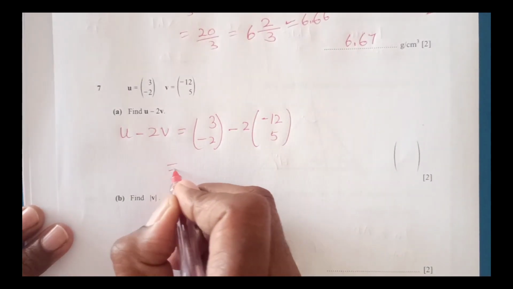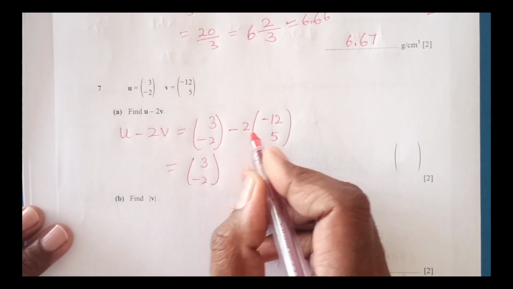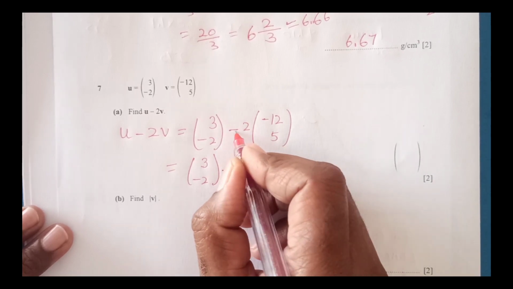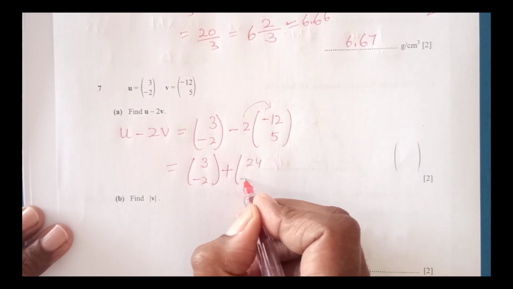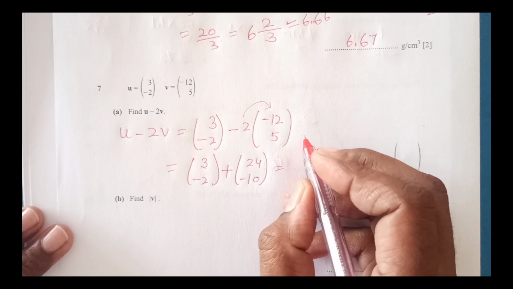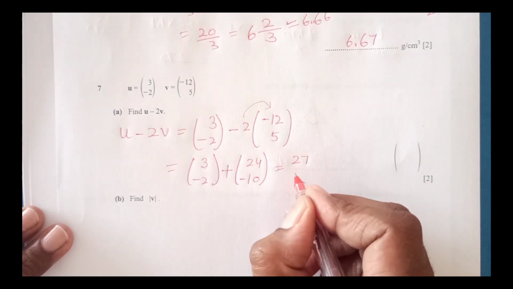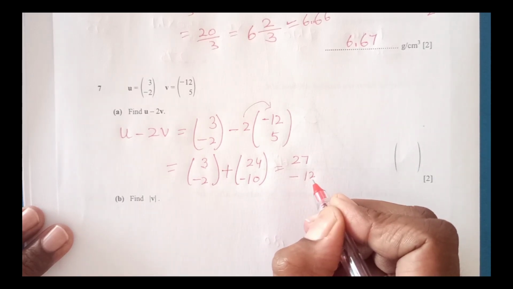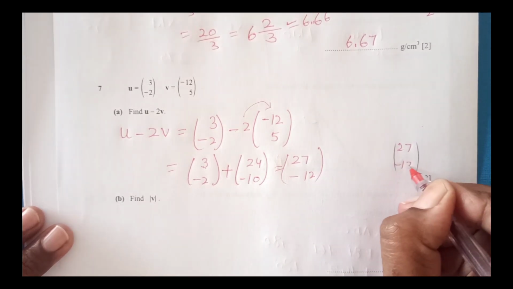Now just multiply, this is 3 and minus 2, and I'll put a positive sign here, negative 2 times, you are going to multiply there, it's 24, and this will become negative 10. Now we are just going to add. 24 plus 3 is 27, and then this is negative 12. So 27 and negative 12.